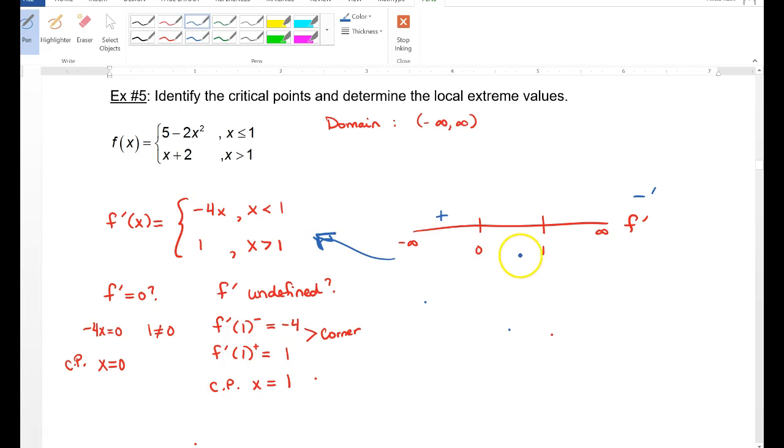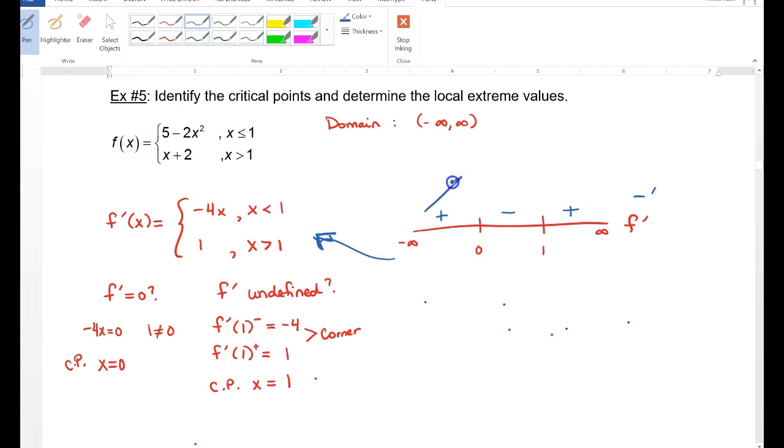Next interval, between 0 and 1, let's say it's a half. Half also falls into that first line, so negative 4 times 1/2 is negative. Next one, I have from 1 to infinity, so I can choose 2. Anything bigger than 1 is going to result in a positive 1, so that's positive.